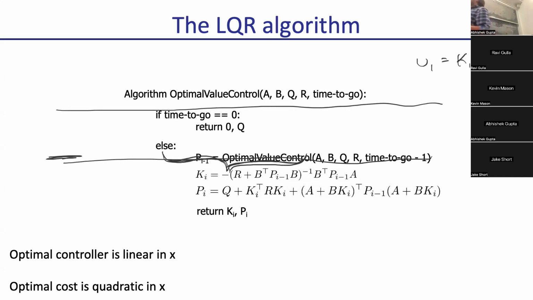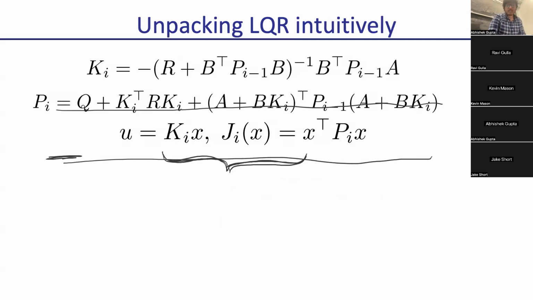You computed K1 to K at the end of time, and then you play the world forward. So you compute this thing, and now when you're acting, you just act according to that feedback. And when your system is linear and quadratic, that gives you something that is optimal. Does it make sense?